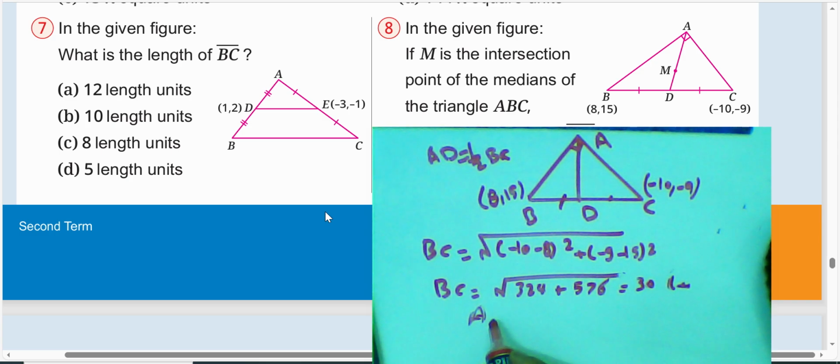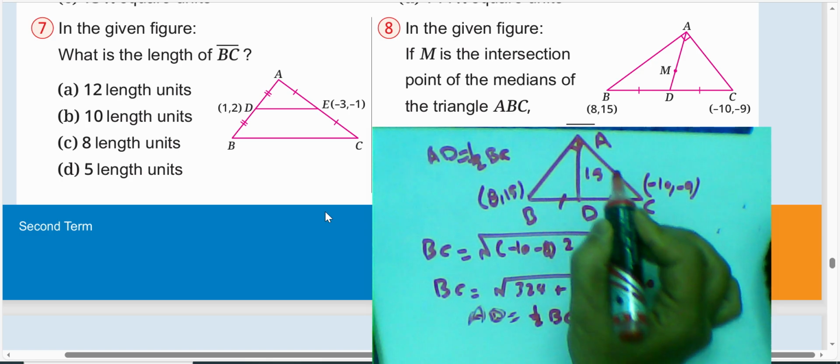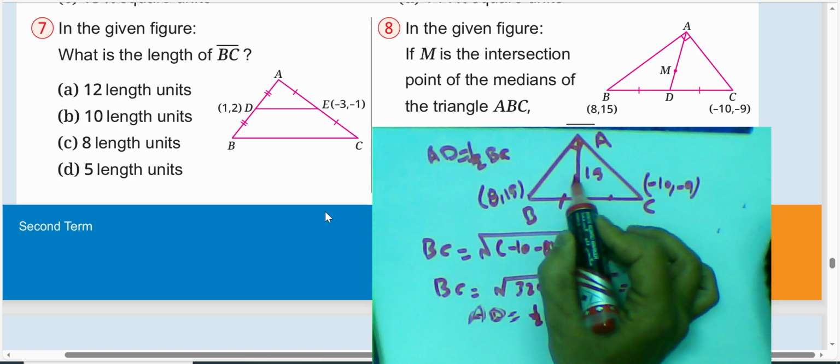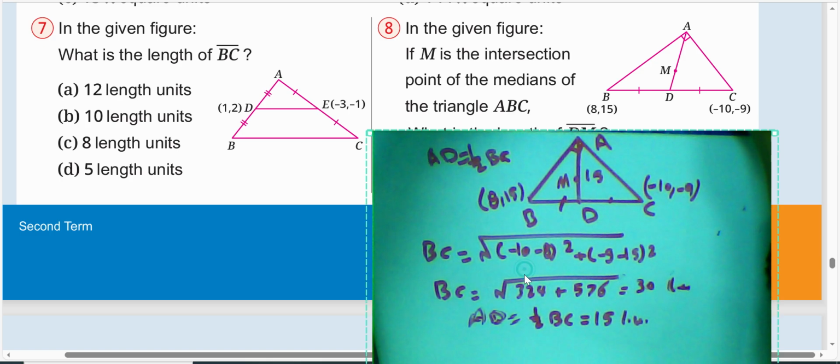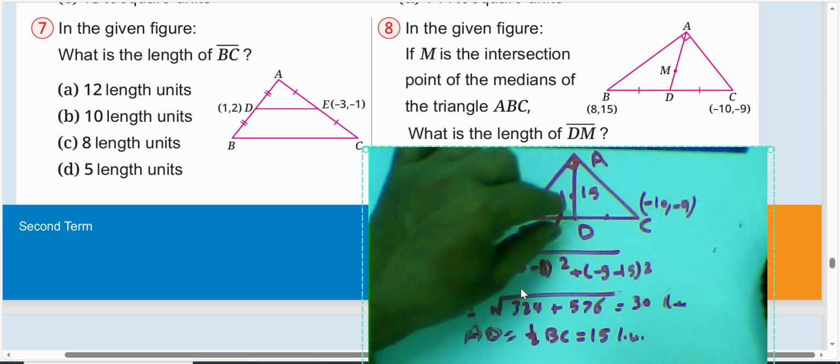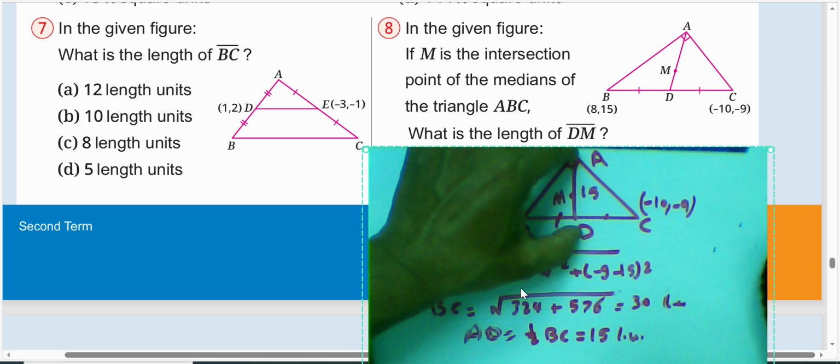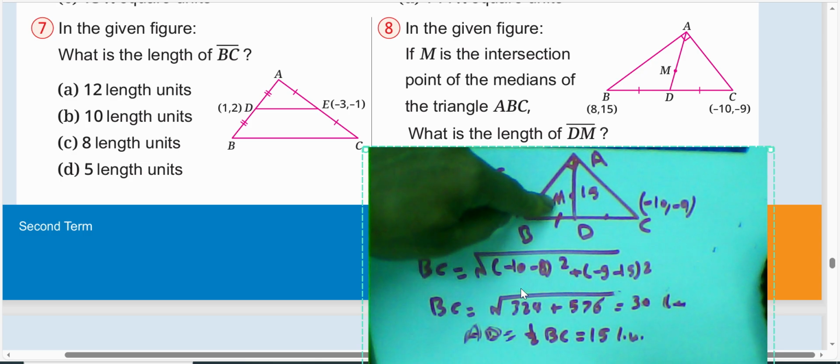Then AD will be half of BC. Okay, AD is half of BC. Then the result will be 15 length unit. This line segment here is 15. And M, what is the length of MD? You want to find the length of DM. DM is a third of AD because M is the intersection point of the medians in the triangle.